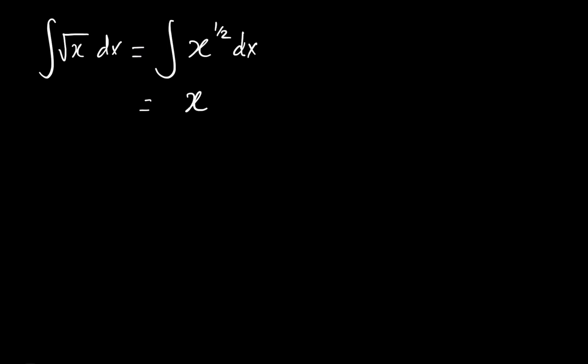Now imagine that we also have the integral of square root of x dx, which is the same as the integral of x to the power half dx, and then we're going to add 1 to it. So we have half plus 1, and we divide by half plus 1, introduce the c, and it is going to be equal to x to the power 3 over 2. If you do half, don't forget your fractions.